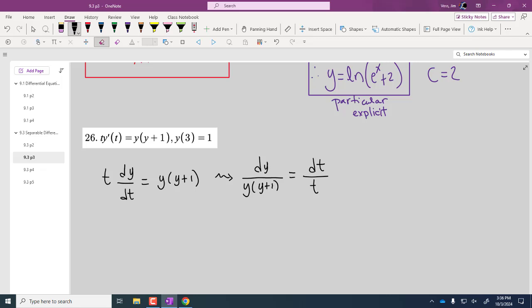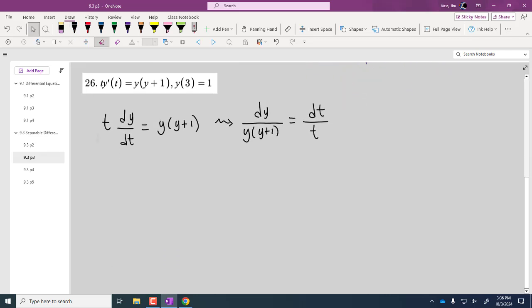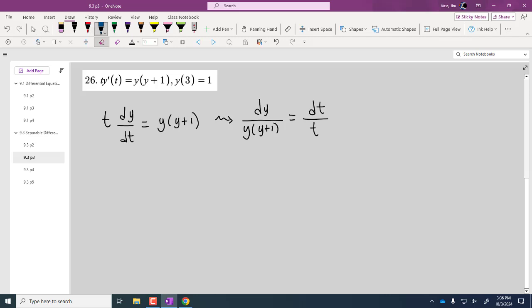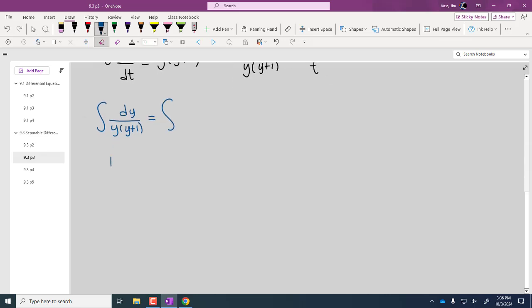Remember with PFD, you're going to have a scenario like this. So if you're trying to integrate that, you're going to have A over y plus B over y plus 1.